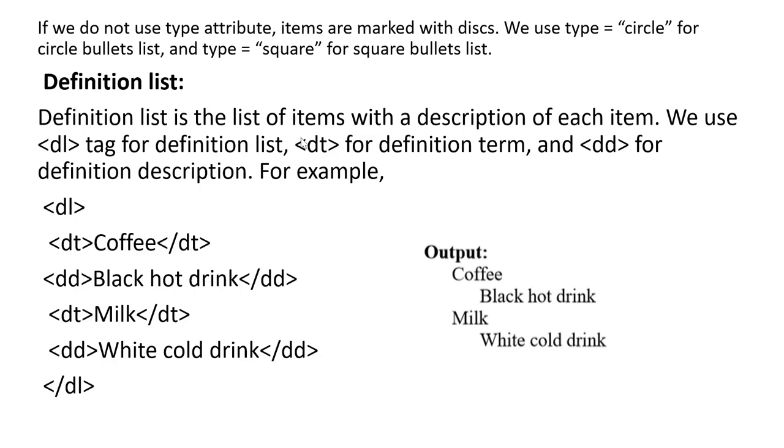A definition list is a list of items with a description of each item. We use the DL tag for a definition list, DT for definition term, and DD for definition description.